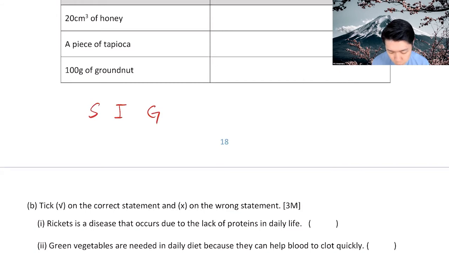We have glucose using Benedict test. We have protein using Millon's reagent test. We have fat using emulsion and filter paper test.